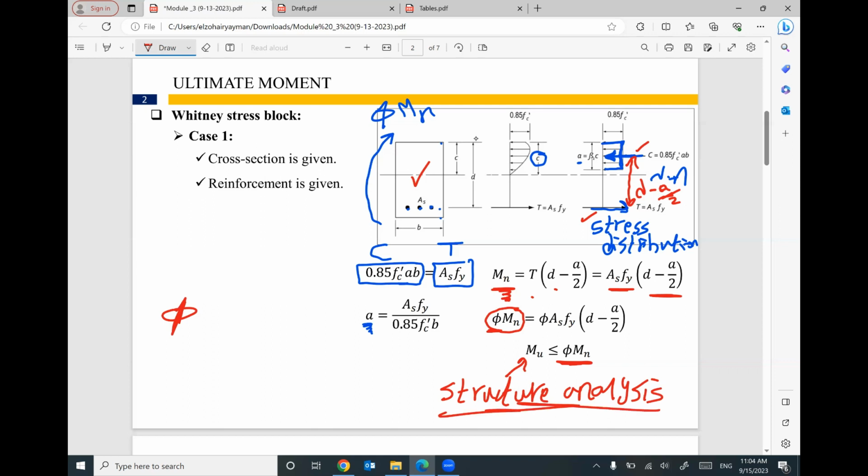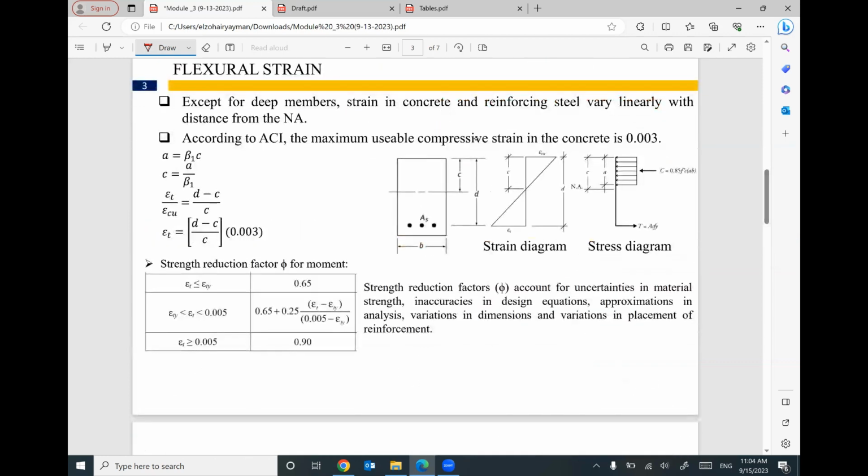Keep in mind, to figure out the value of phi, which is called the strength reduction factor, it can be found from this table. We have three cases, based on how much strain is in the steel rebar.